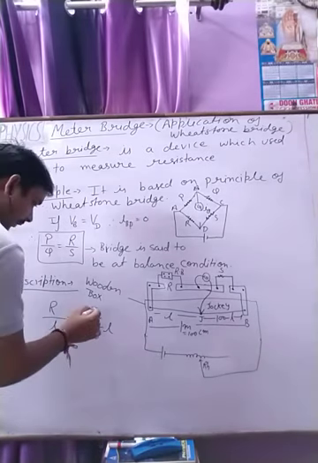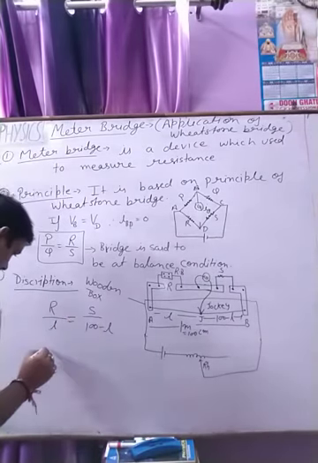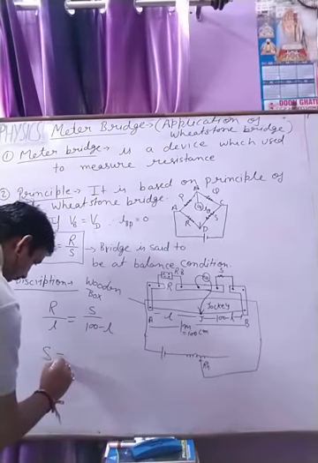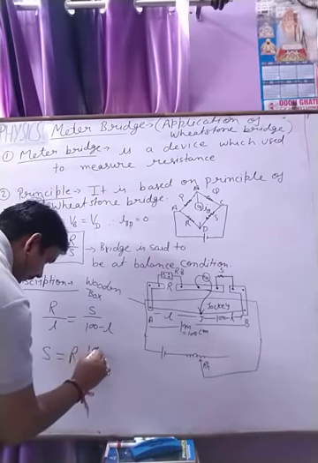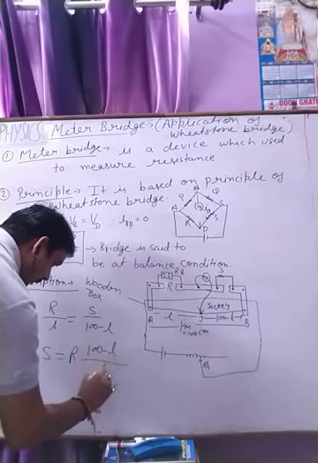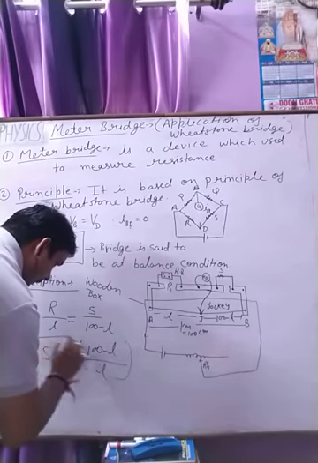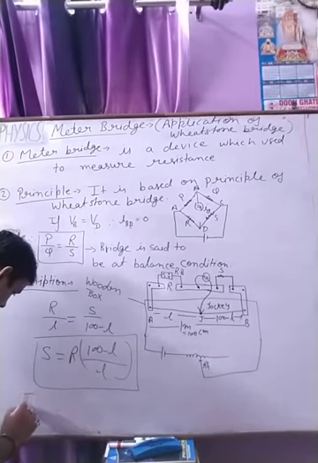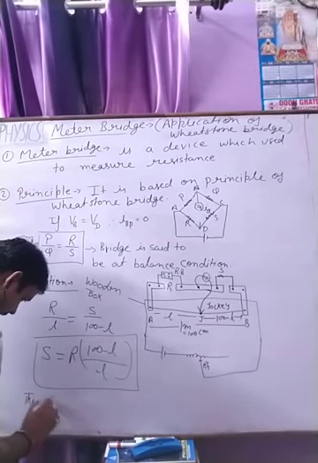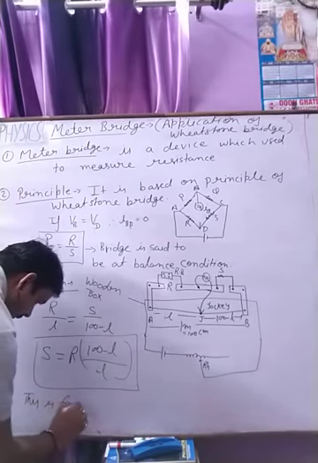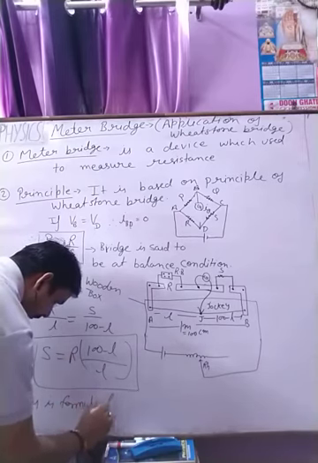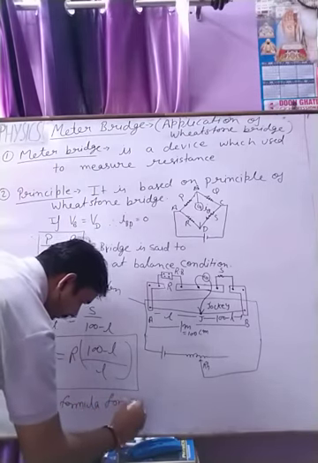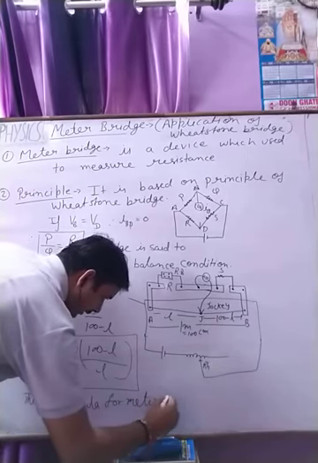Then we calculate this unknown resistance as S equal to R into 100 minus L upon L. This is the calculation of meter bridge, and this is the formula for meter bridge.